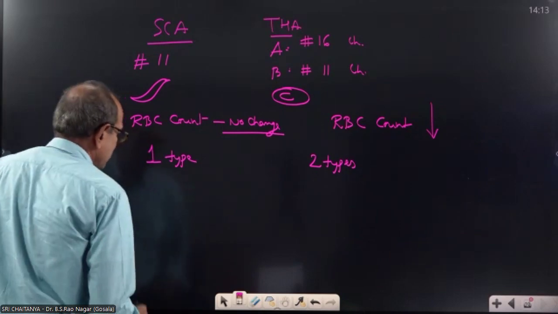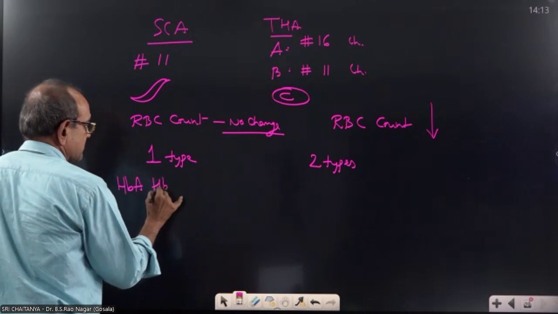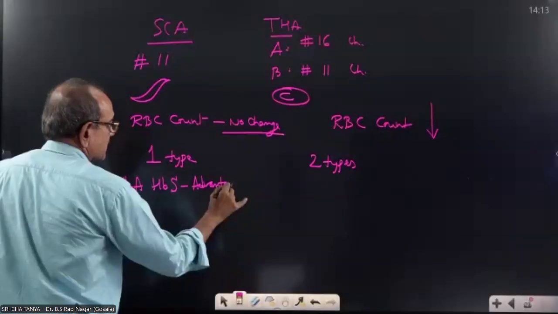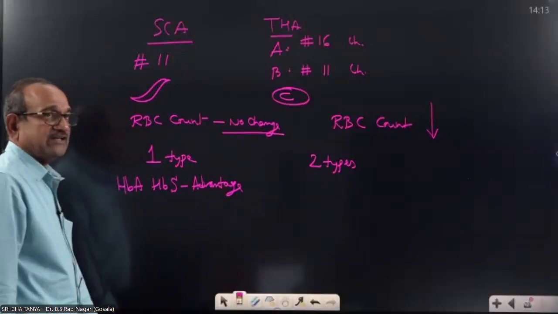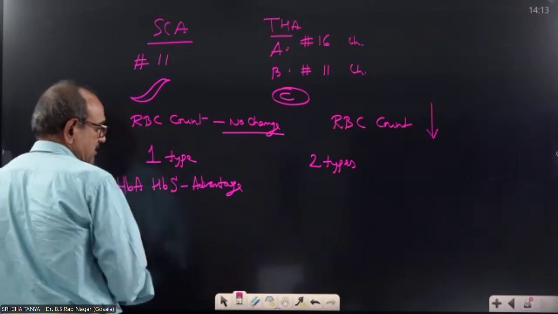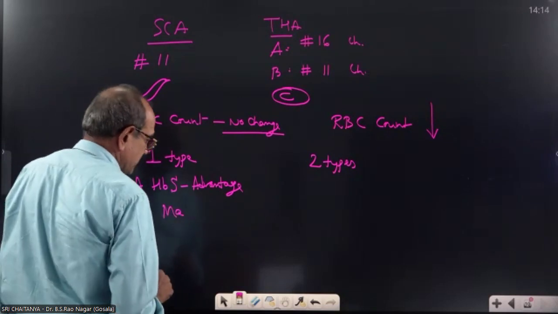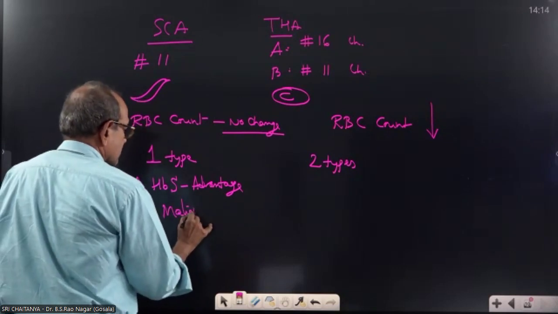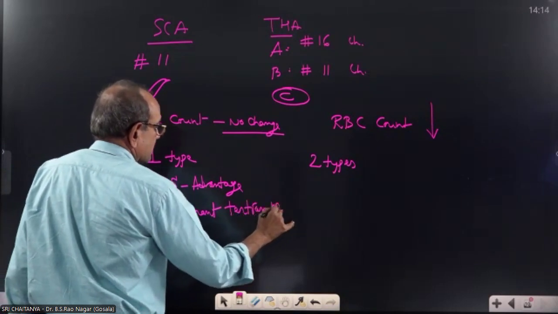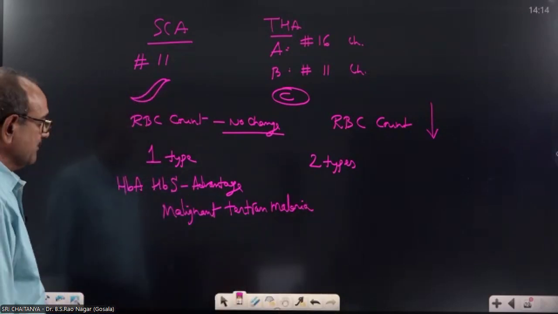Then in sickle cell anemia, in the heterozygous condition, HbA HbS, one advantage is there. They have natural resistance against malaria, especially malignant tertian malaria, the cerebral malaria, the most severe form of malaria, which is very common among Africans.